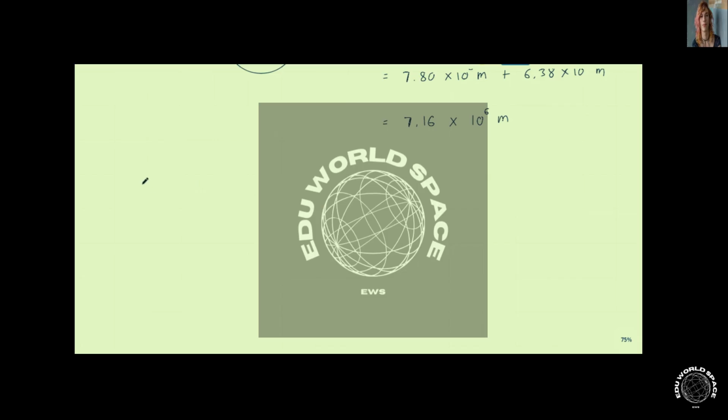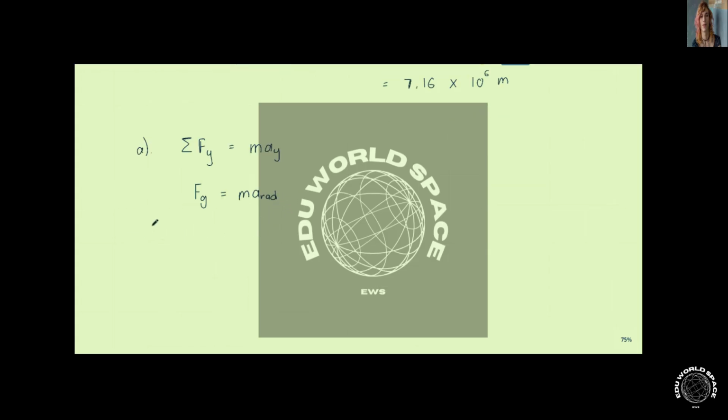Now we know that if we take the sum of all the forces, and we'll call our vertical direction y in the diagram, the sum of all the forces in the y direction must equal to m times the acceleration of the satellite in the y direction. Now, the force in the y direction is due to gravity, so Fg is equal to the mass of the satellite m times its radial acceleration.